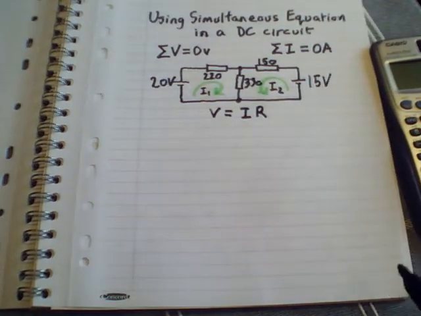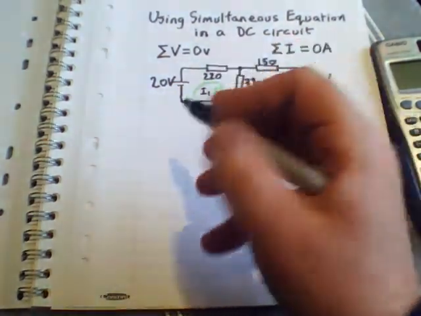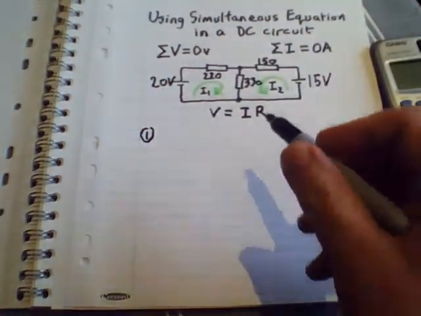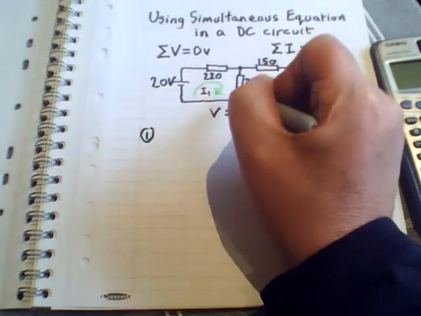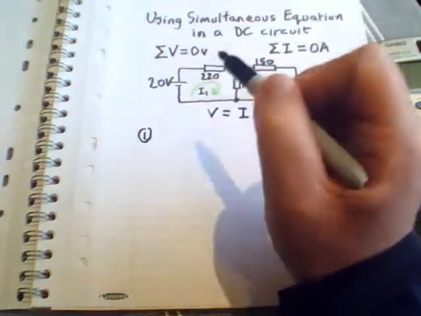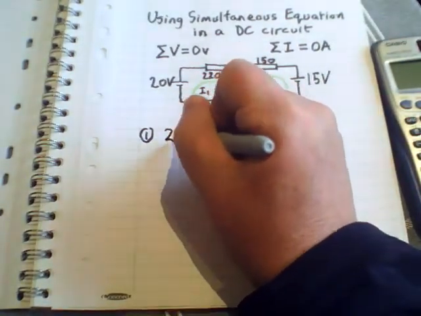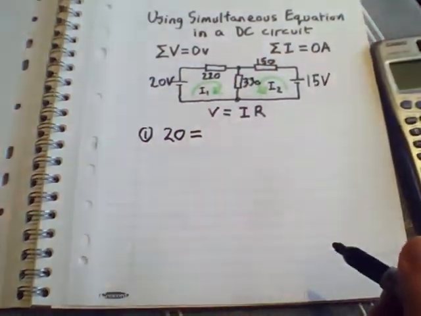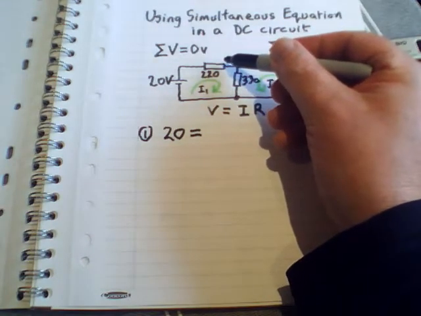So the first equation I'm going to do is for this loop here. So I'll just call that equation 1. And the voltages across these two resistors will equal 20 volts according to Kirchhoff's voltage law. So the first equation is 20 equal to, now there'll be a voltage drop across this 220 ohm resistor.